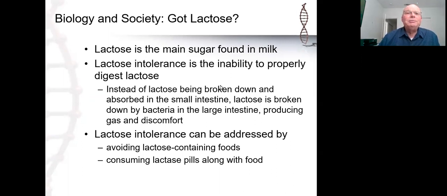But to give this condition a better name, we really ought to focus not on the 70% or so of people who actually lose the ability to make lactase, but on those that retain the ability to make lactase, about 30% of the population on average, because they're the ones that are unusual.